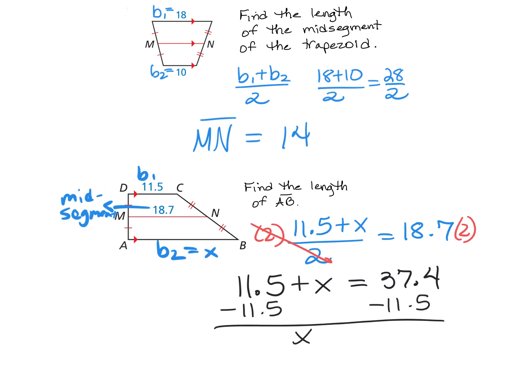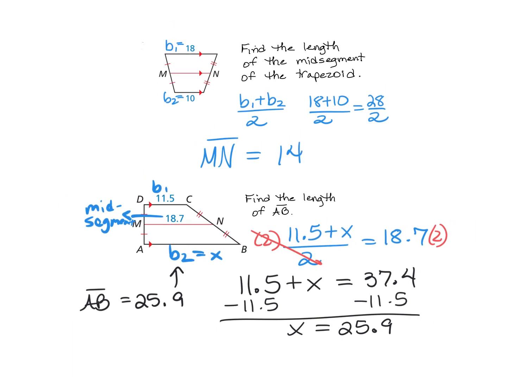And X, which is my other base, is 25.9. So base 2 here, or AB, is 25.9. So AB equals 25.9. And that is it for the notes on section 5.